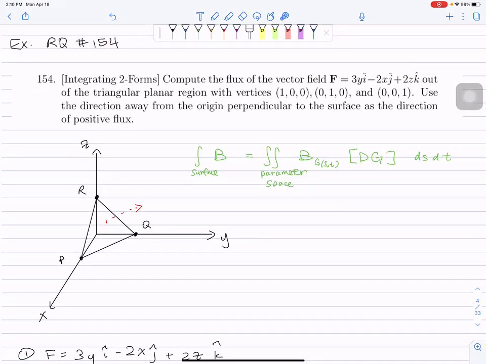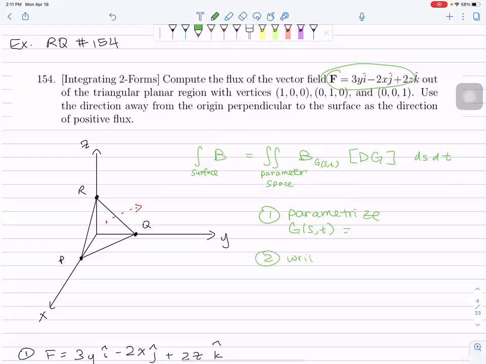So first, parameterize your surface. Write your surface as g of s, t, some two variables. Second, you want to rewrite your function as some two form, because right now it's in vector form, but we're going to need a two form so that we can plug in our parameterization. Third step, follow this formula. One, parameterize.